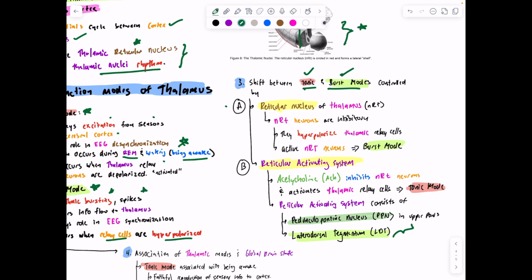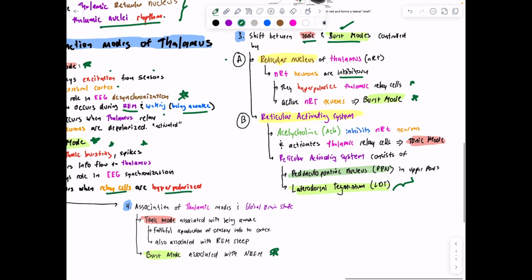The neurons of the reticular nucleus of the thalamus are inhibitory. They hyperpolarize thalamic relay cells, and so they can cause the thalamus to enter burst mode. Then the reticular activating system is going to inhibit these reticular nucleus neurons and activate the thalamic relay cells, and cause you to go into tonic or awake mode.